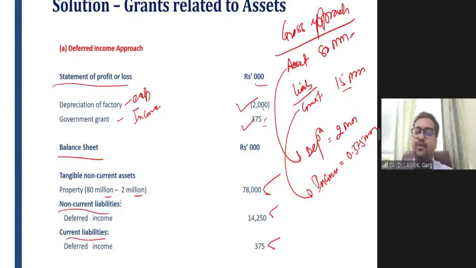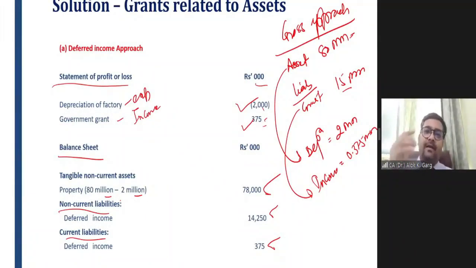Simple. So what we have done in P&L, we have depreciated the factory over the useful life, 2 million. Then whatever grant we have received or are going to receive, 15 million, divided by the useful life of the factory, 40 years, so 3,75,000 has to be recognized as income. In the balance sheet, the asset has to be shown at depreciated value, 80 minus 2, 78 million.